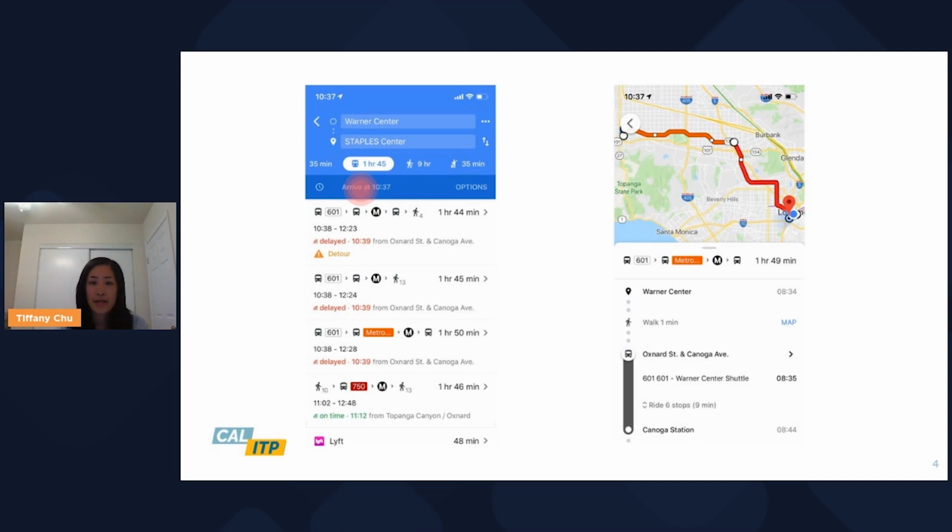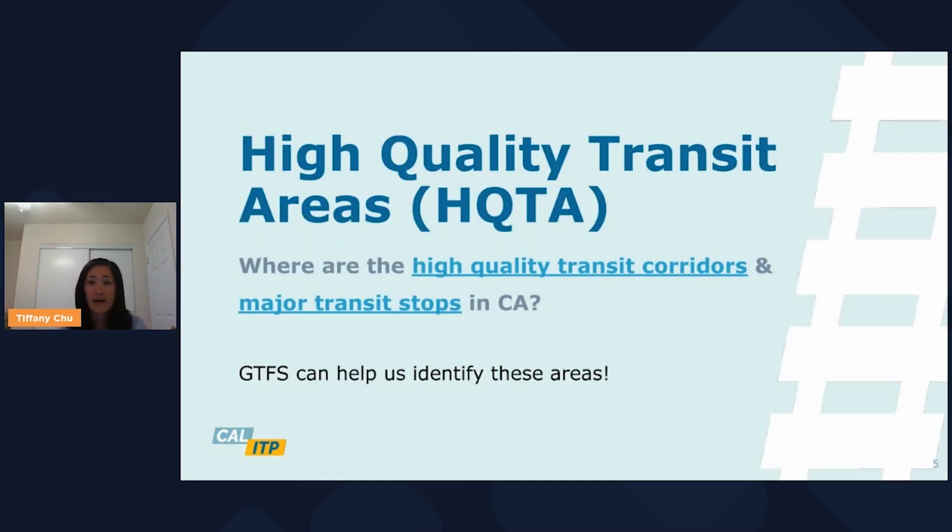One of the things that we answer is, where are high quality transit areas? So by statute, Caltrans is required to make this available. These corridors and these areas near major transit are areas that would get land uses that support walkability, density, and active transportation.